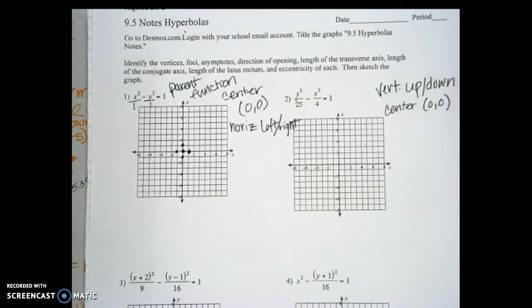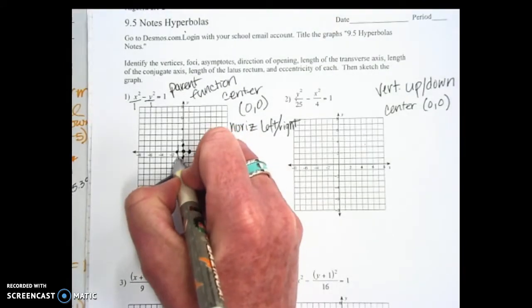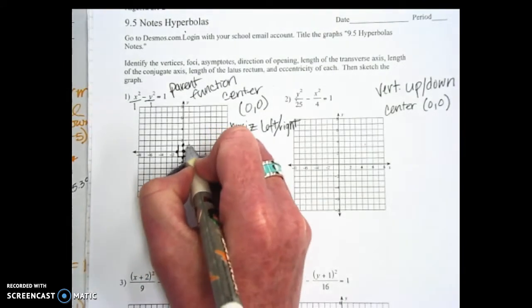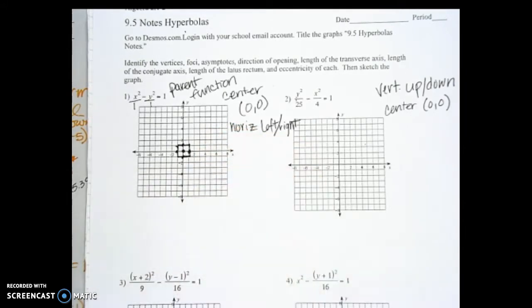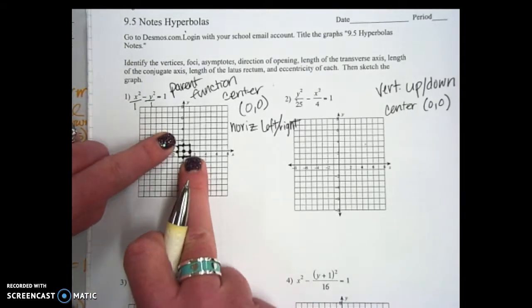Okay, so watch. We're going to draw a rectangle, or in this case a square, that goes through those 4 points. And that's going to be the outline of where we're going to draw our hyperbolas. Then you're going to go to opposite vertices.